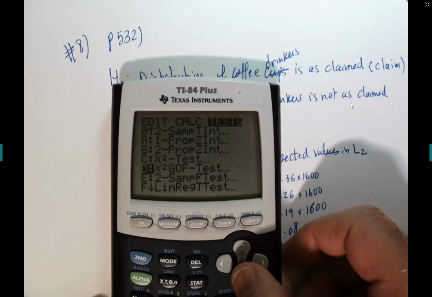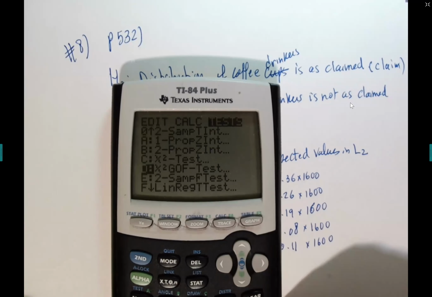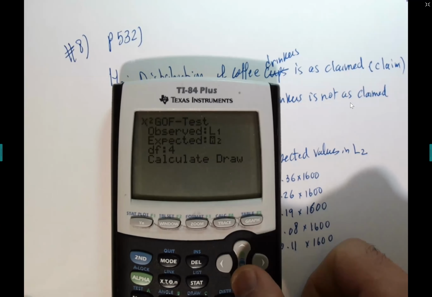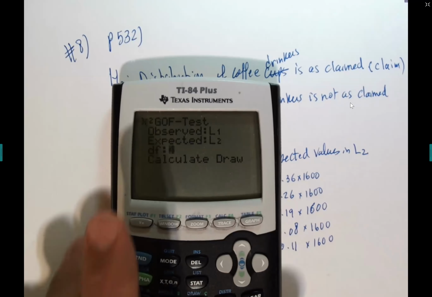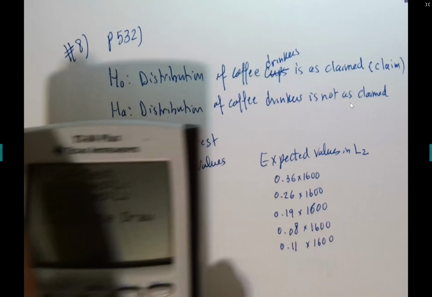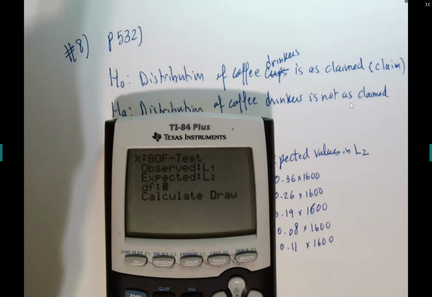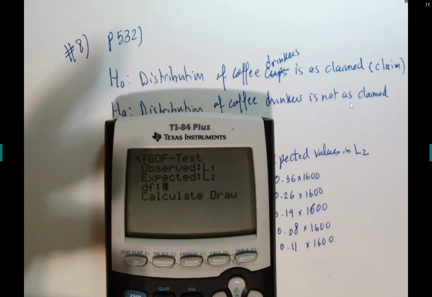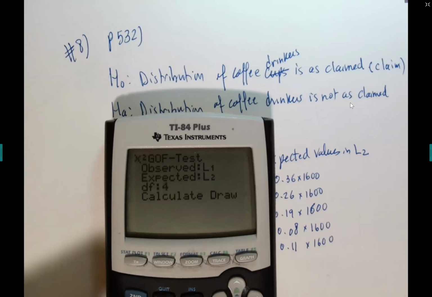If you have a TI-83, the goodness of fit test is not there. That's why probably you have to download the emulator. And then look, observed is L1, expected is L2, and the degrees of freedom, guys, is the number of categories minus 1. Let's see how many categories. We have 0 cups, 1 category, 1 cup, 2 cups, 3 cups, and 4 or more. So I have 5 categories. 5 minus 1 will be 4. So it is a 4, correct.